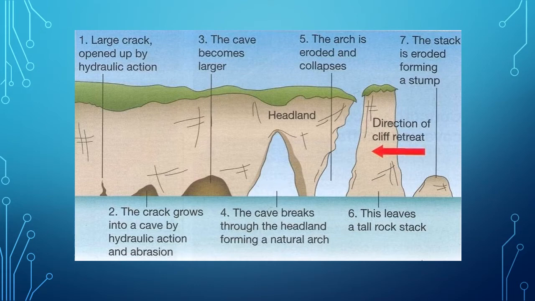You can see in step 6, this leaves a tall rock stack. It means if the middle portion of the sea arch collapses, then you can see that there is a stack in section C, and the stack is eroded forming a stump. When this stack, after some years, gets eroded continuously, it is converted into a stump.